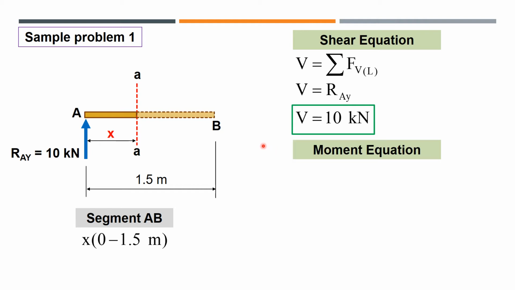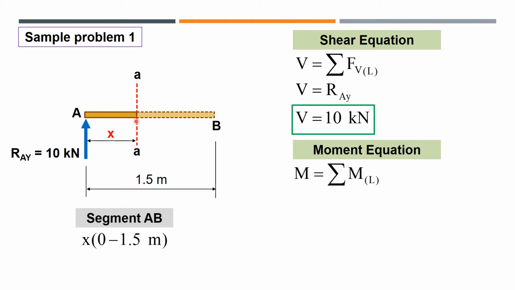Next, let us have the moment equation. For the moment equation, using the left side again of the cutting plane, look now, which vertical forces covered by this distance x will create a moment at this section? Meaning, look at the vertical forces that have a perpendicular distance up to here.